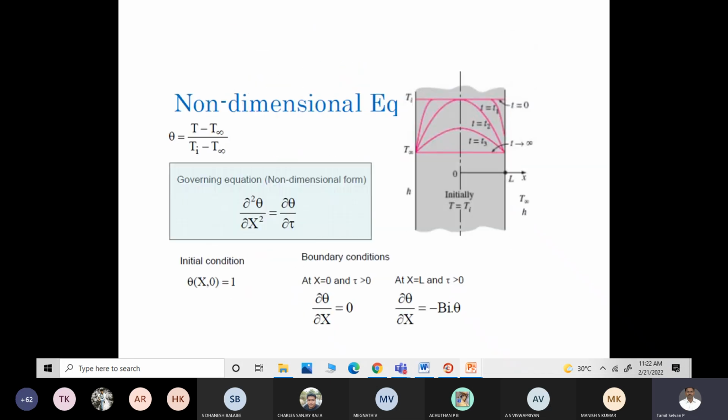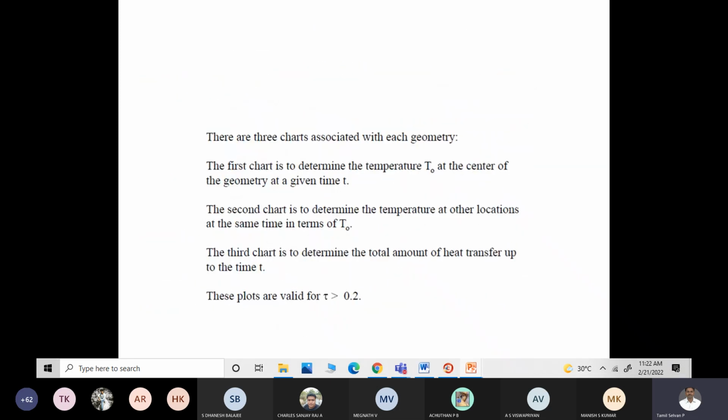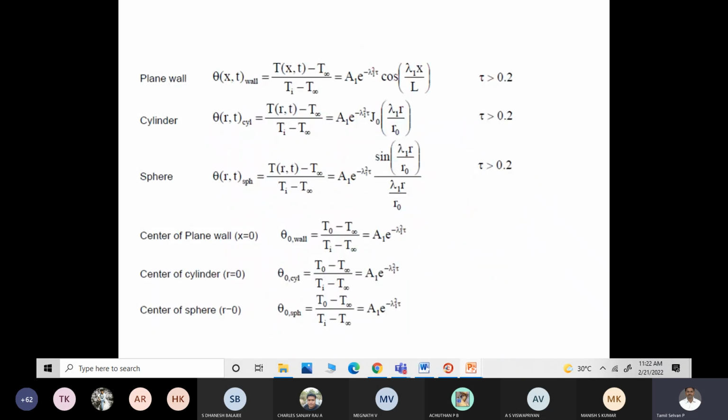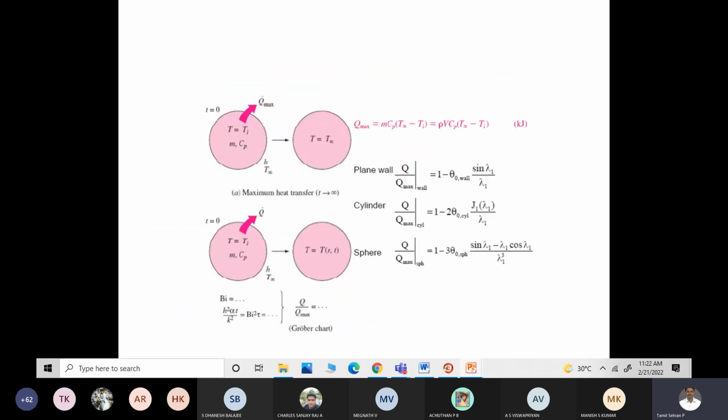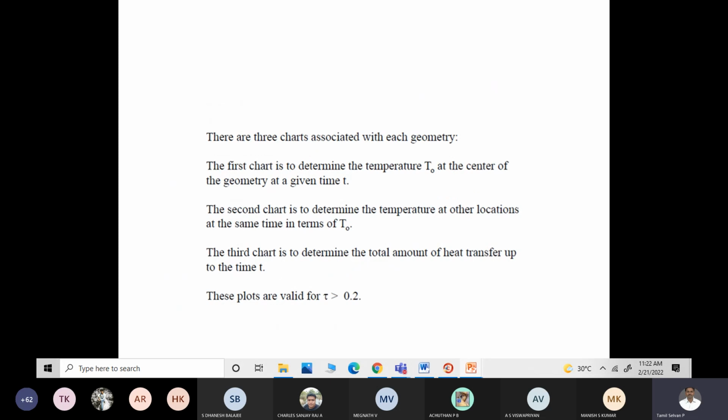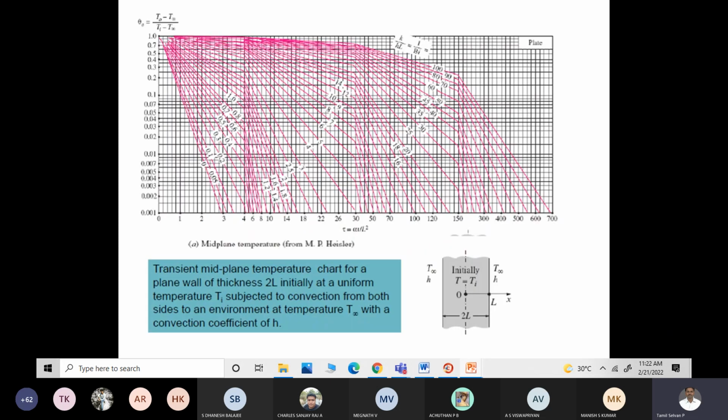And one more thing, we have already discussed infinite solid and lumped system. When it comes to infinite solid, to get the solution we use the Heisler charts. The Heisler charts give the temperature distribution on the y-axis, and on the x-axis you will have the tau value, the time value, and with the help of 1 by Biot number, you will find the central line temperature of the body, or the temperature at any instant.